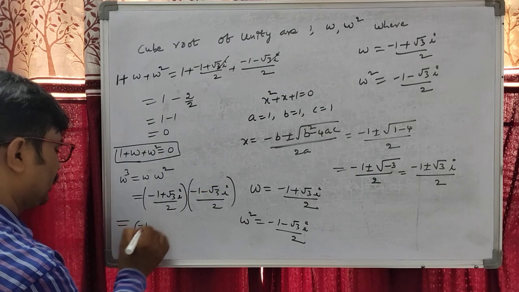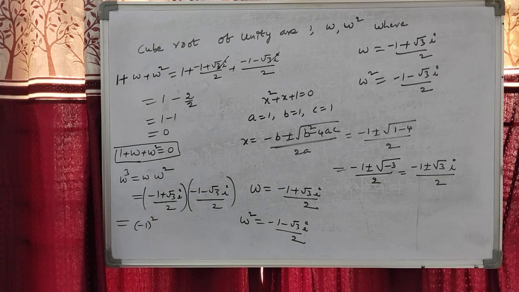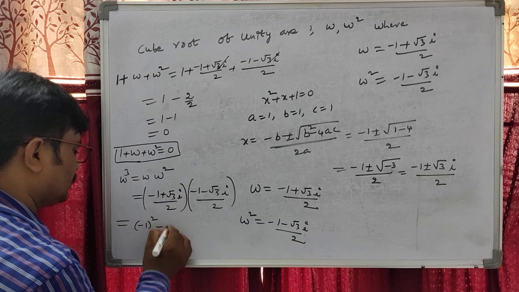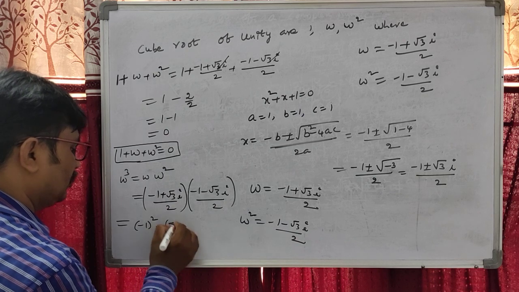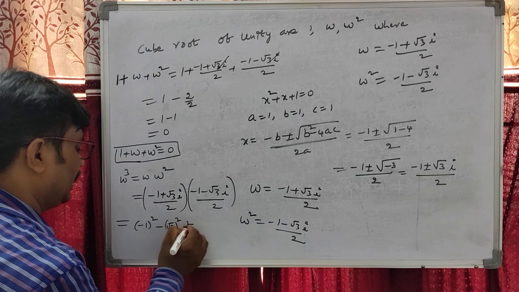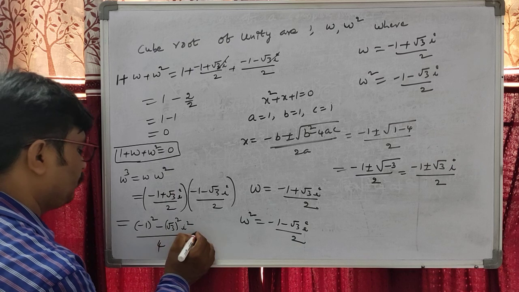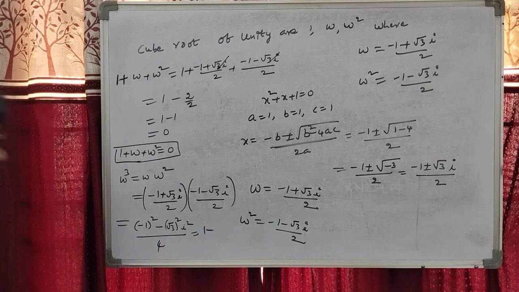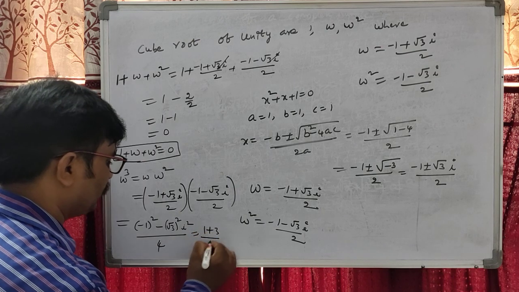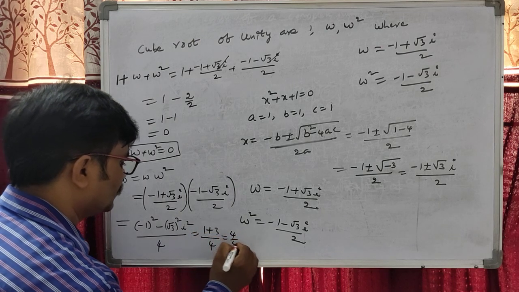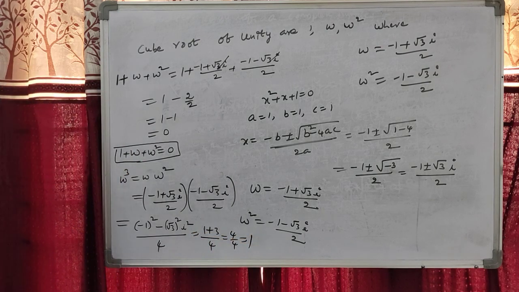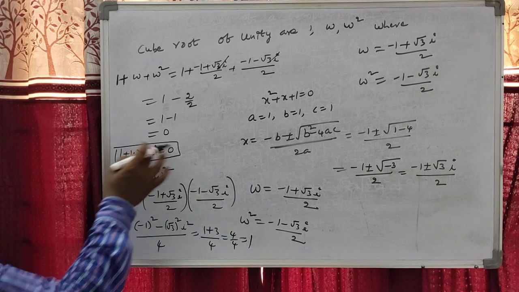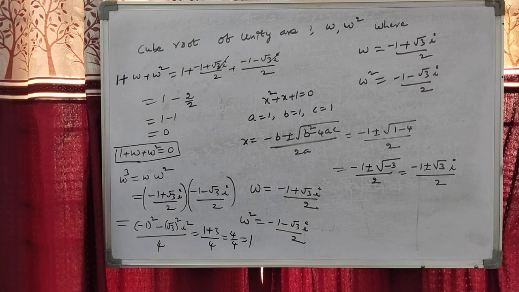This is a square minus b square: minus 1 whole square minus root 3 whole square i square, which is 1 plus 3 by 4, that is 4 by 4, which is 1. So omega cube is 1, and 1 plus omega plus omega square is also 0.